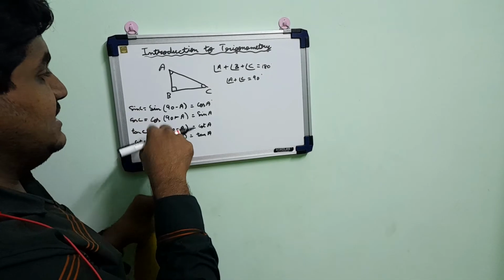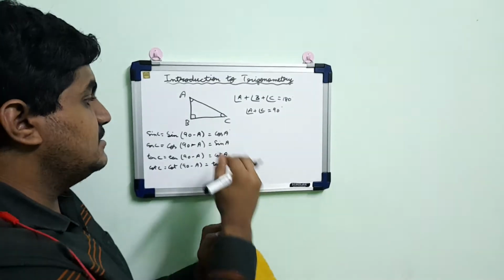Now we will see the remaining two trigonometric ratios.